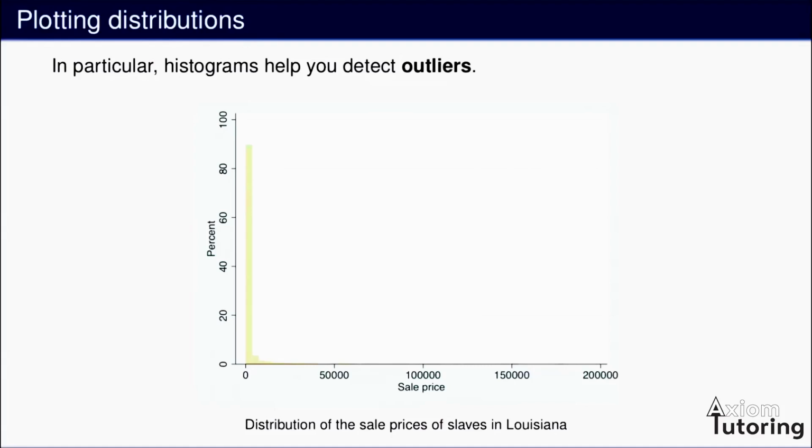But when we just plot the histogram of that variable, we see a very interesting pattern. Okay? So it seems like all of the observations are really concentrated in the leftmost part of the plot, and probably between 0 and 10,000. But the fact that the statistical software decided to show up to 200,000 means that there must be some observations that are here, okay?